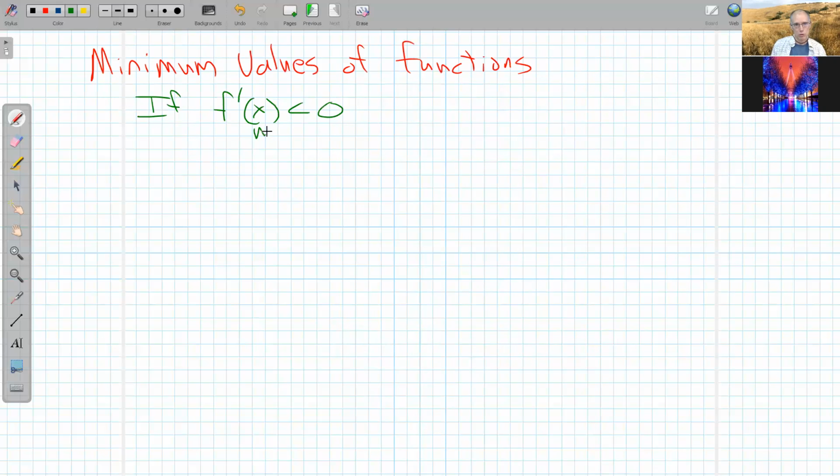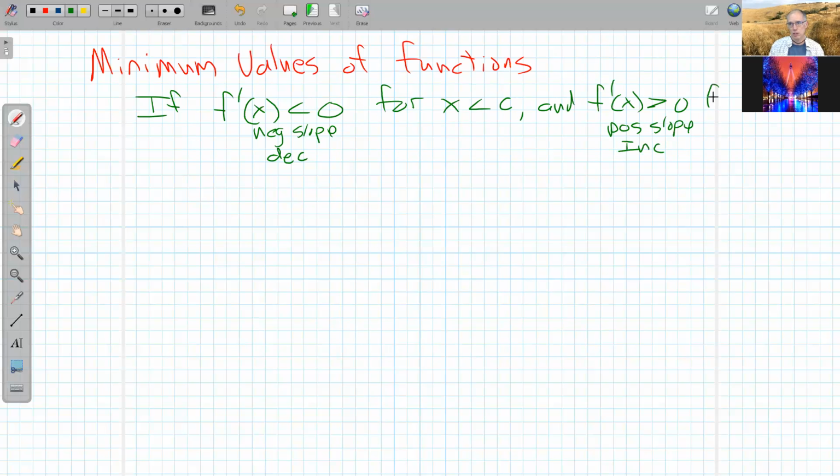So we have a negative slope. The function is decreasing, is what that tells us, for x less than c, and f prime of x is greater than 0, so we have a positive slope. In other words, the function's increasing for x greater than c, and f of c is a minimum.